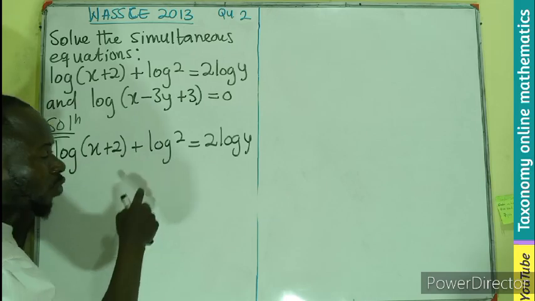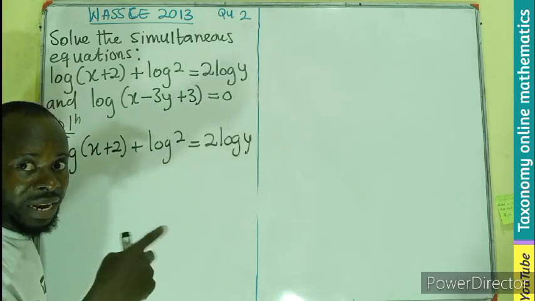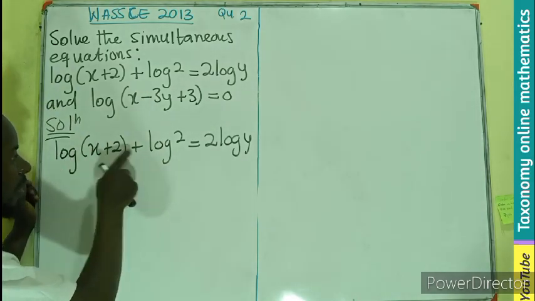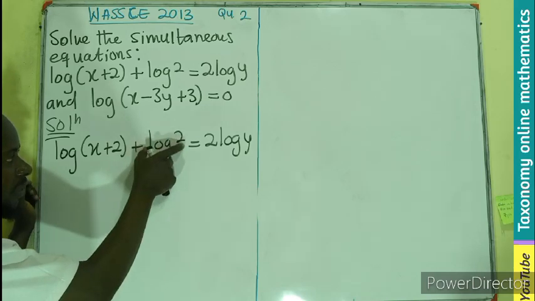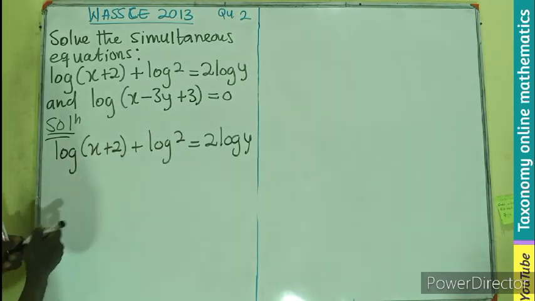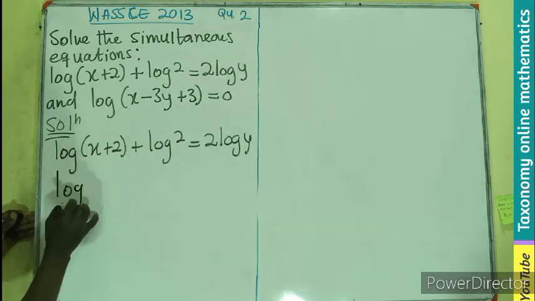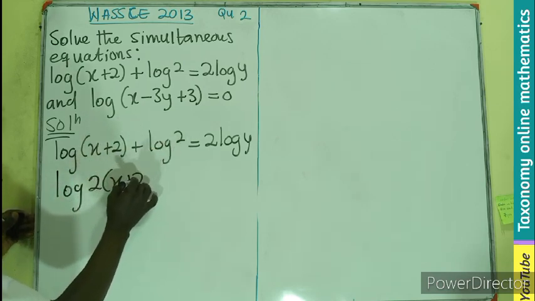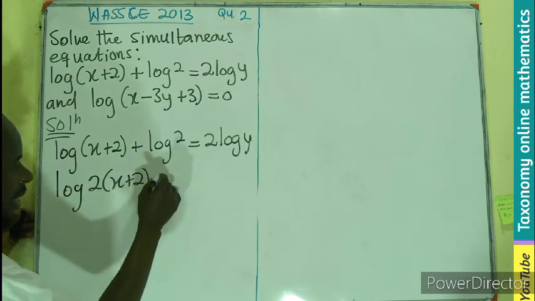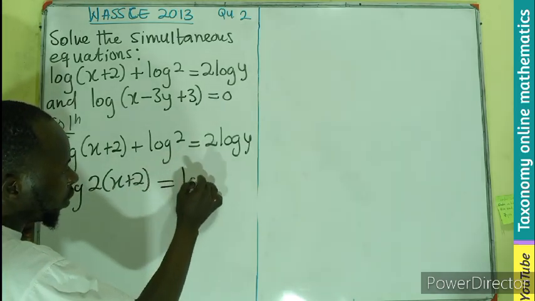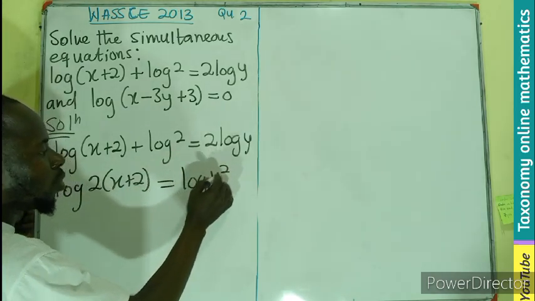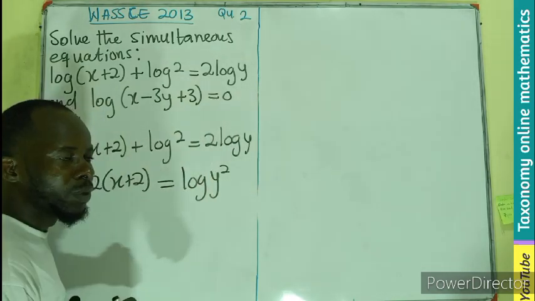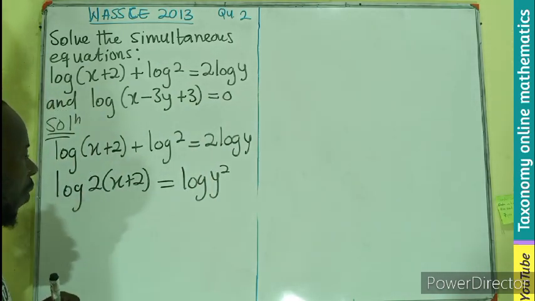Even here, we can also apply the first law, which is multiplication and addition. So this and this are adding. So it becomes the log of 2 multiplying x plus 2, the base is 10, equals the log of y exponent 2. This is coming forward to square the y.